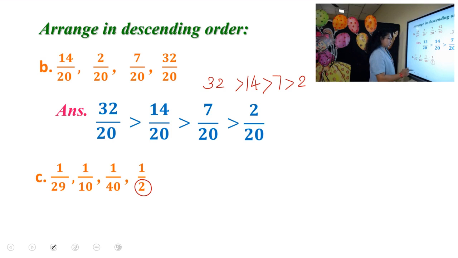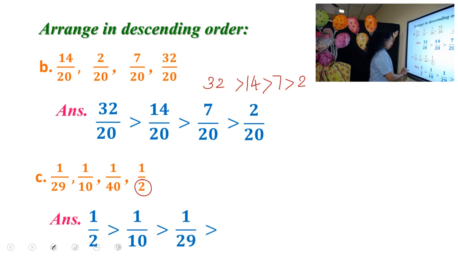So, 1 by 2 will come. 1 by 2 is greater than. Next, which is the smallest among 29, 10 and 40? 10. 1 by 10 is greater than 1 by 29, and 1 by 29 is greater than 1 by 40. Understood? Okay.